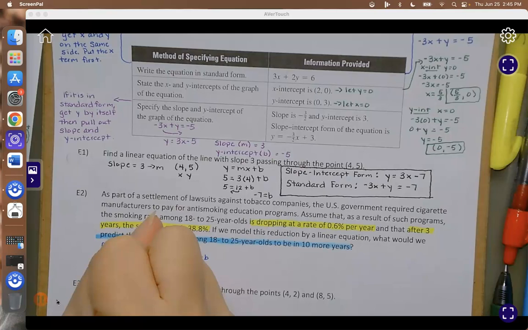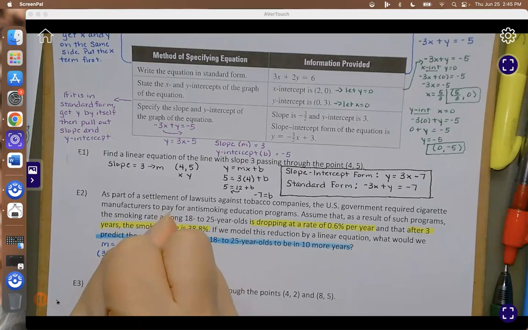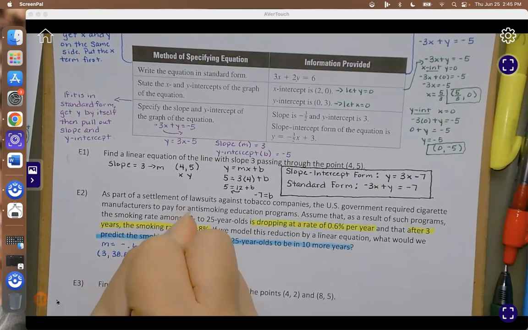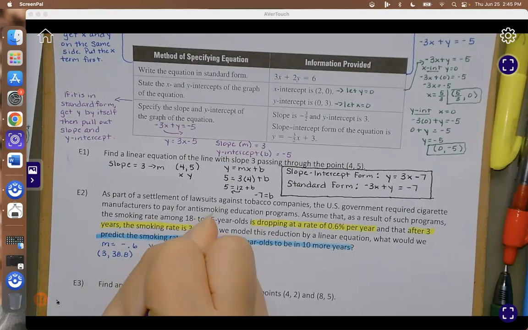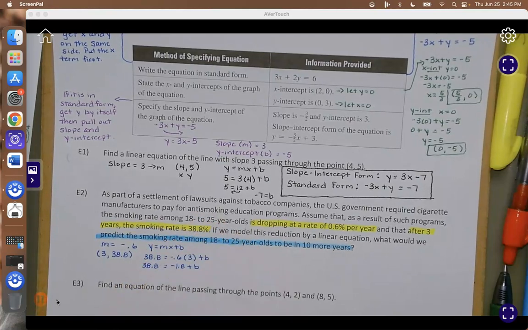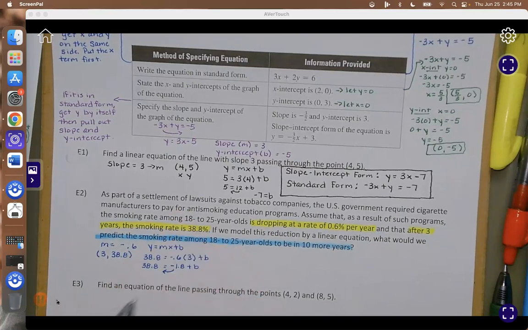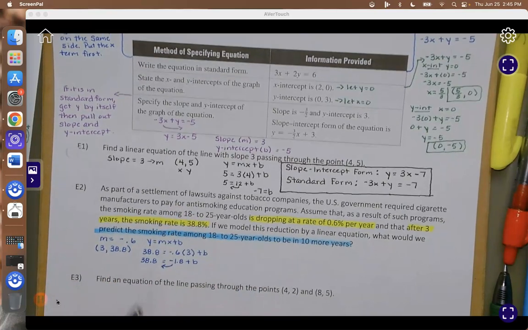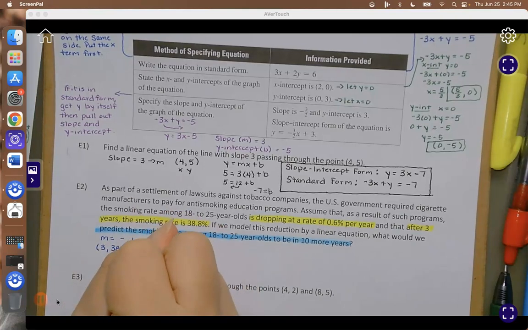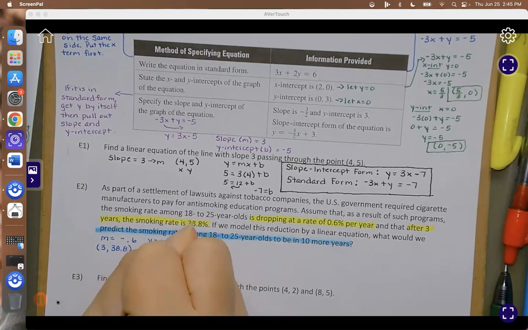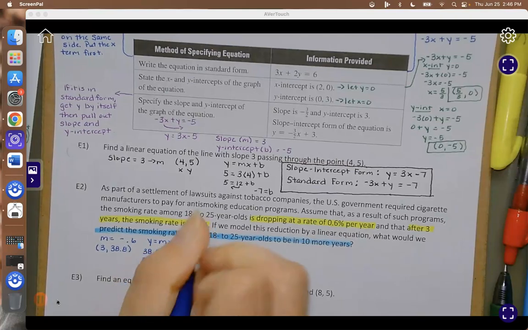So here we have 38.8 equals negative 1.8 plus b. Then we're going to move this over so it becomes addition. So you add 1.8 to 38.8 and you get 40.6, and that's your y-intercept.